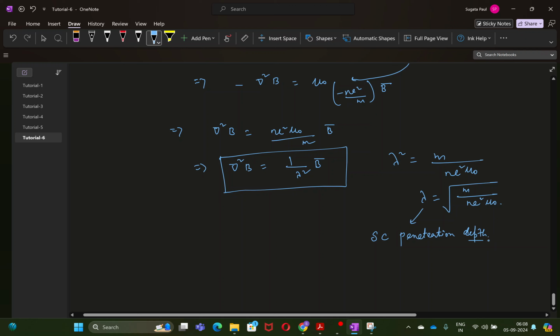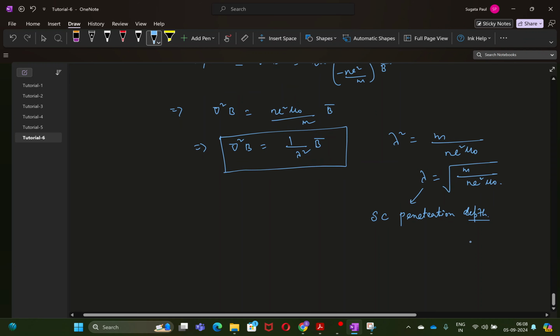This is the effective length scale or depth inside the superconductor, starting from the edge of the superconductor, up to which the magnetic flux can effectively enter inside the superconductor. Beyond this point, the flux that is penetrating the superconductor will be decaying off to zero.